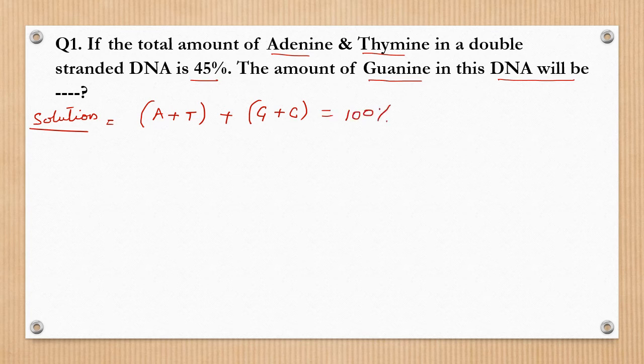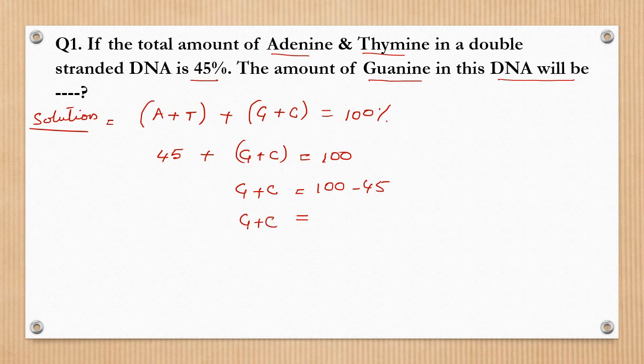In this 100%, A plus T, adenine and thymine, is given as 45, plus G plus C is equal to 100. Now G plus C is equal to 100 minus 45. So then G plus C is equal to how much? 55.